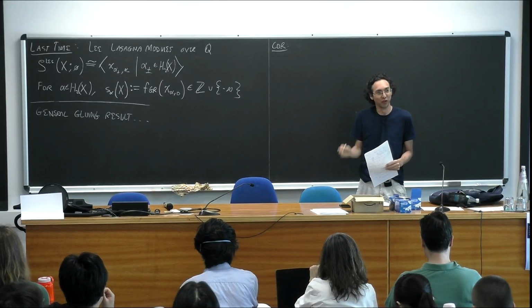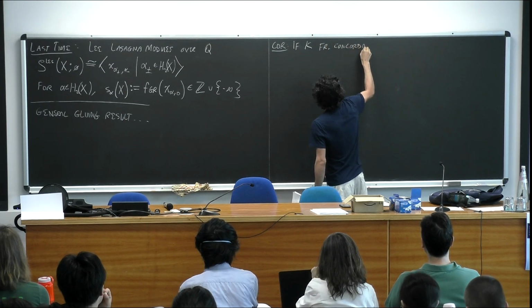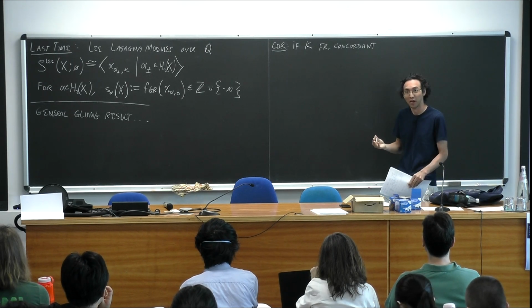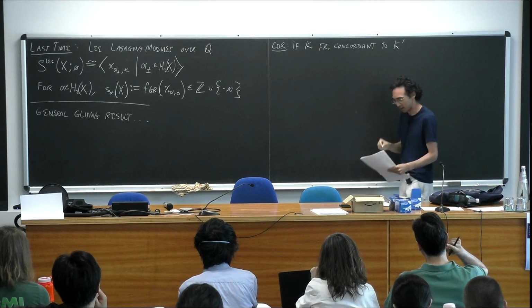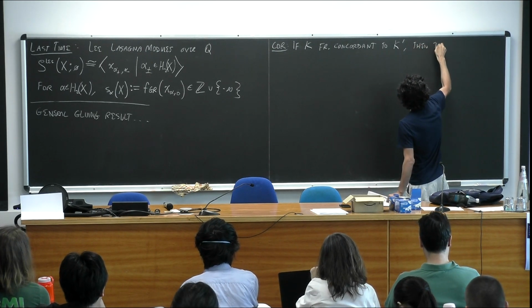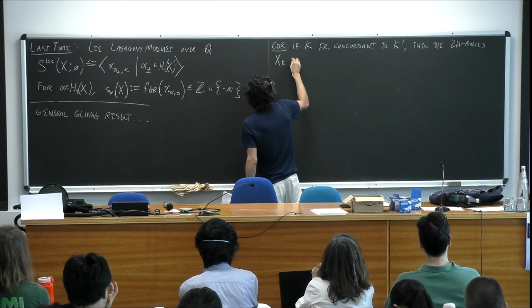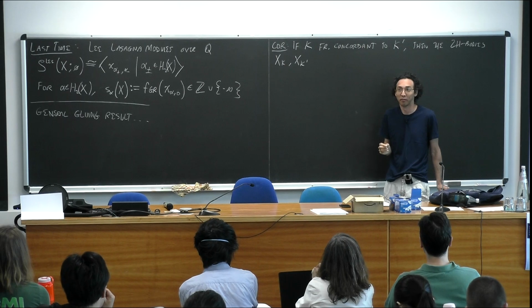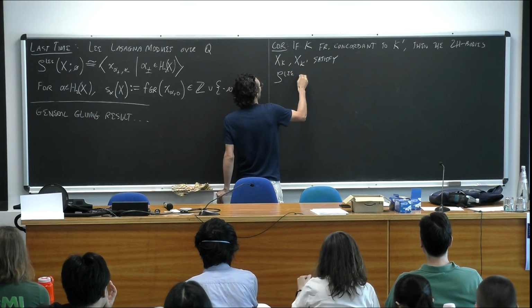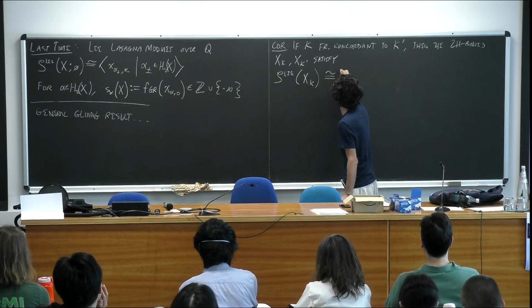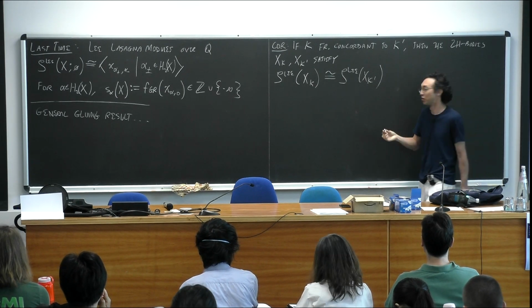So a corollary of this general gluing statement is that if you have a knot that is in a framed concordance, or everything's framed here in these Skein lasagna modules, if you have a framed concordance from K to K prime, then the two handle bodies XK and XK prime satisfy that their Lie lasagna modules are equivalent as filtered spaces.